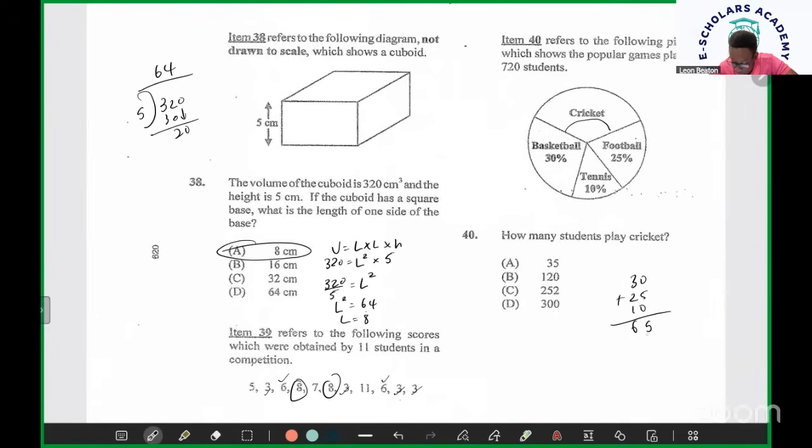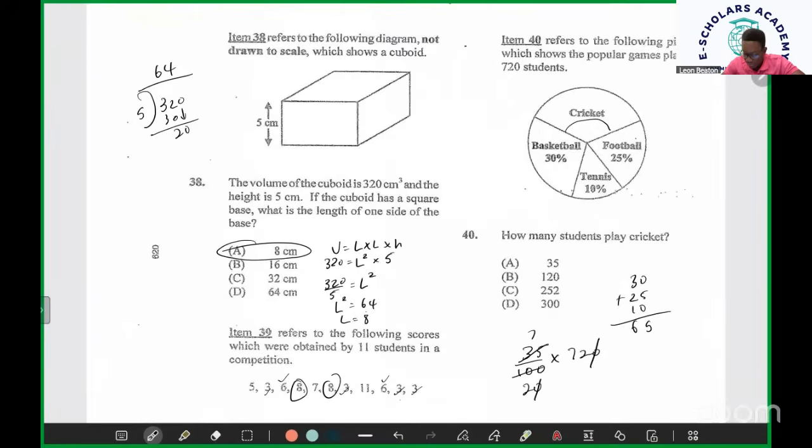So the remainder, 35%, play cricket. So 35 over 100 times 720. 5 can go into 35 seven times. 5 can go into 20 four times. 5 can go into 100 twenty times.